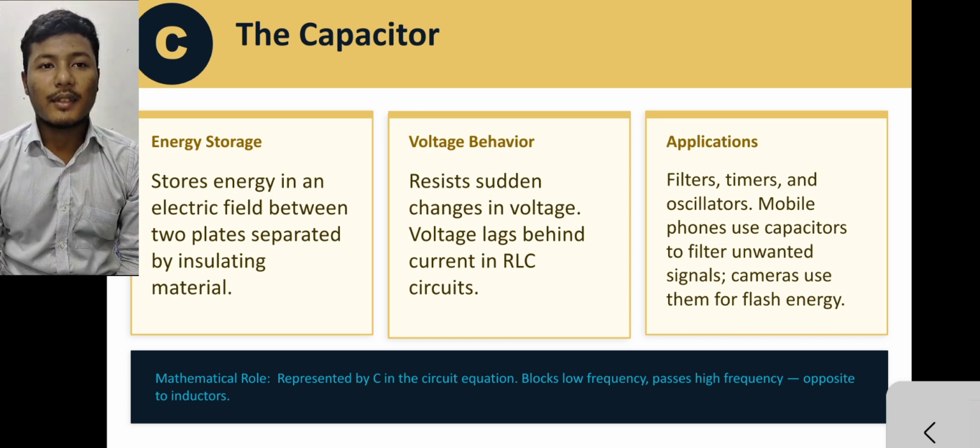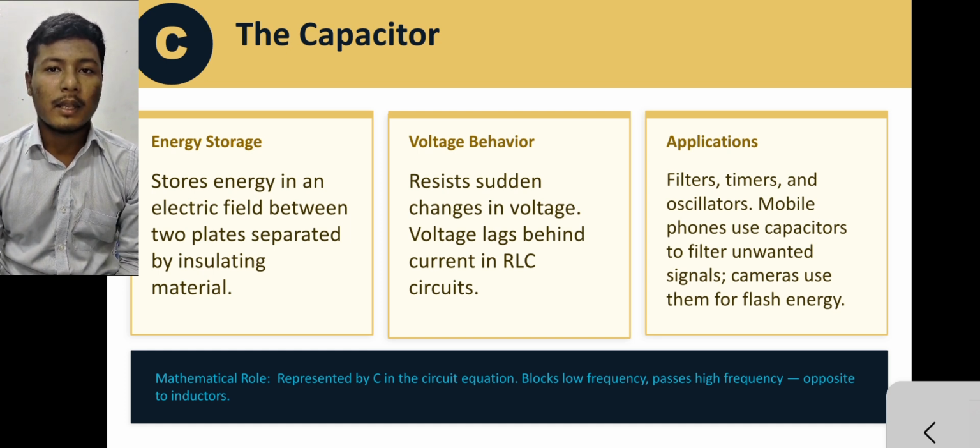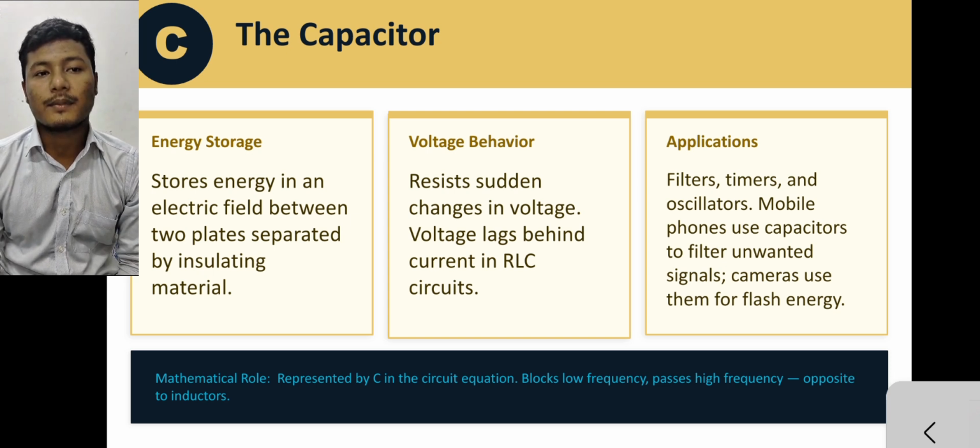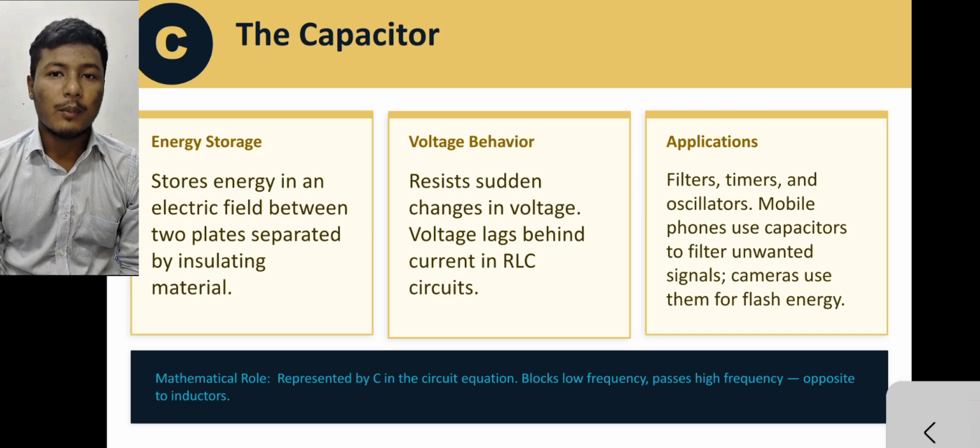In the circuit equation, the capacitor is represented by C. At low frequency, capacitors resist strongly, but at high frequency, they allow signals to pass. So the capacitor provides energy storage, timing, and signal shaping. It is essential for controlling voltage behavior in electrical devices.